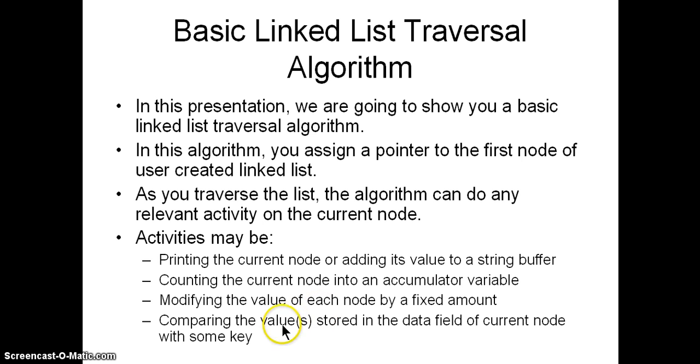Okay, value means value stored in each node, and one could compare the value stored in the data fields of current node with some key. Okay, and that comparison is sometimes done if you want to sort the linked list or do some other things with the data member, which is either equal to key, less than key, or more than the key.